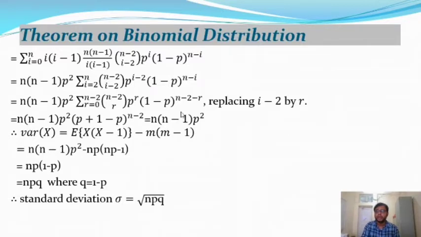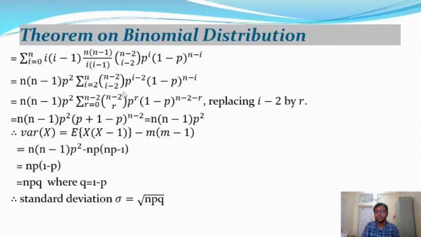Again we take i minus 2 equal to r, then the summation limits change, and it will be n into (n minus 1) into p squared, summation over r equals 0 to n minus 2 of (n minus 2)Cr p to the power r into (1 minus p) to the power n minus 2 minus r. This is the binomial expansion of (p plus 1 minus p) to the power n minus 2, which is the summation over r equals 0 to n minus 2 of (n minus 2)Cr p to the power r into (1 minus p) to the power n minus 2 minus r.